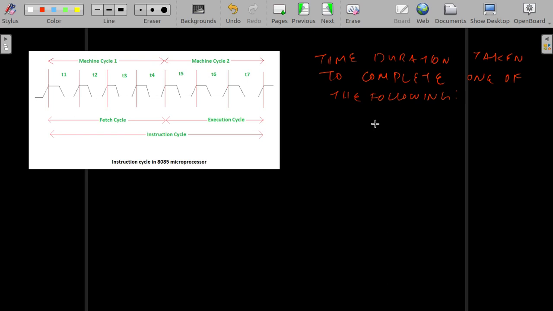Okay, which are they? They are memory access, I/O access, input output access, or sending an acknowledgement.